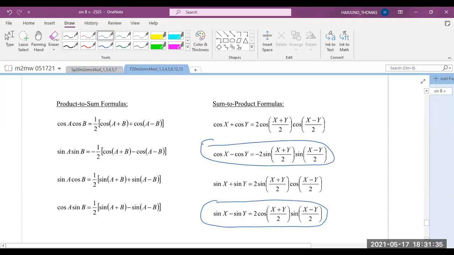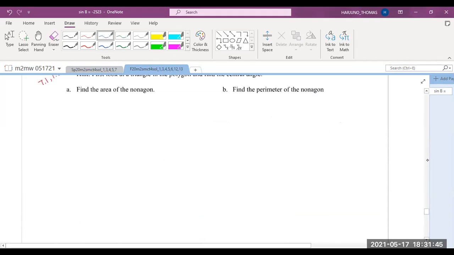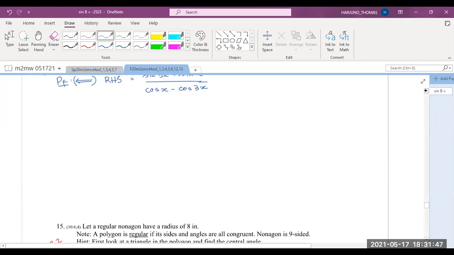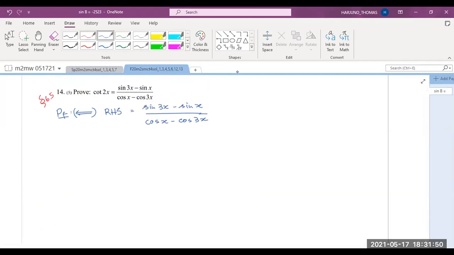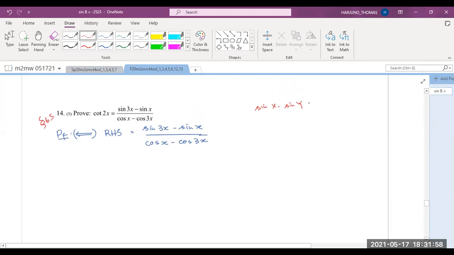Sine minus sine is 2 cosine this, sine this. Let me write it down up here, which formula we use. So sine x minus sine y is equal to 2 cosine of the sum of those two angles over 2, sine of the difference of those two angles over 2.